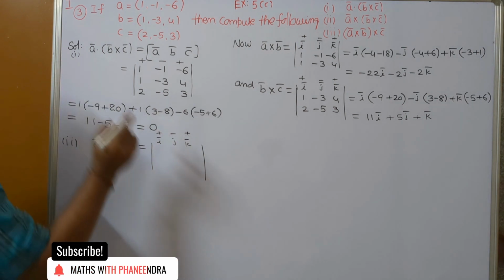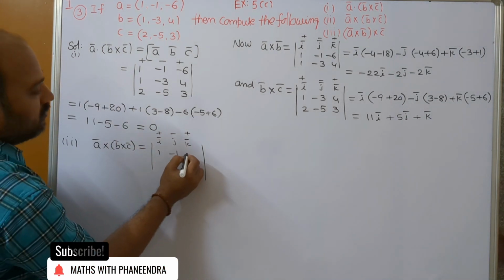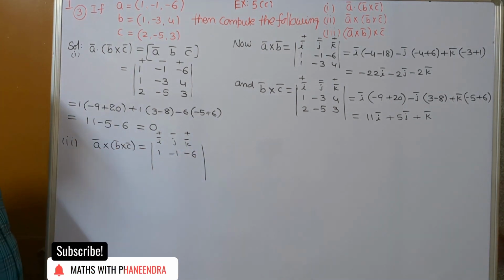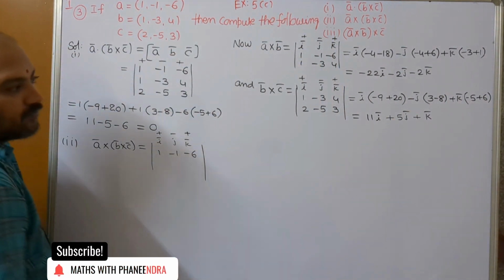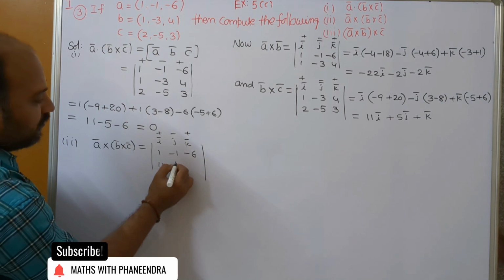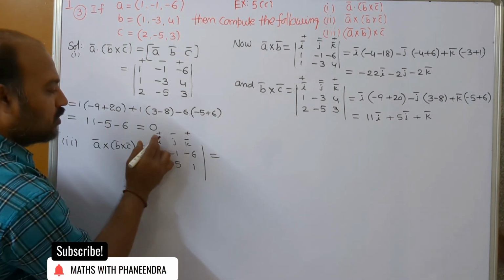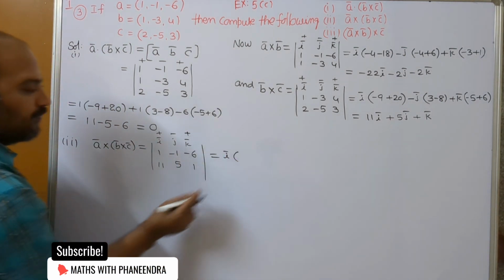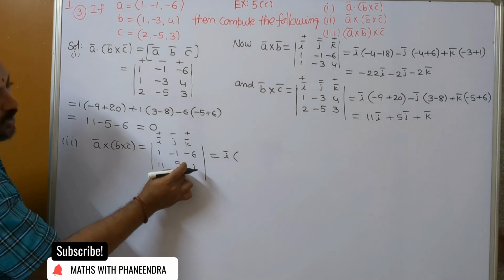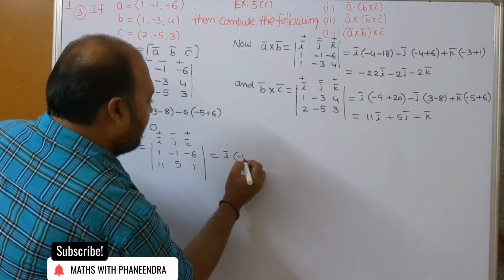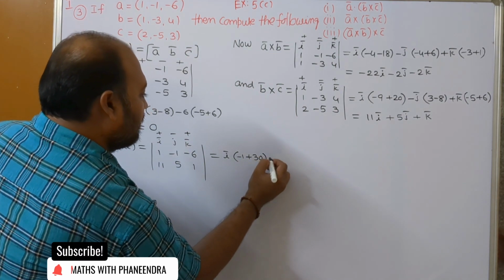A bar: 1, minus 1, minus 6. B bar cross C bar: here we have 11, 5, 1. So I into minus 1 plus 30.